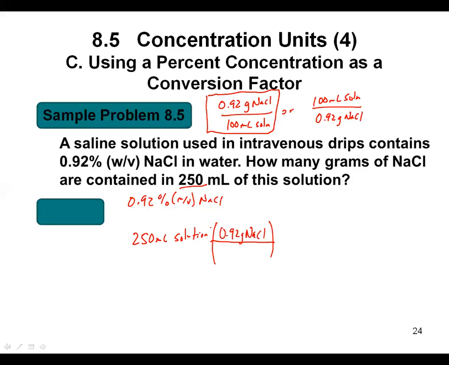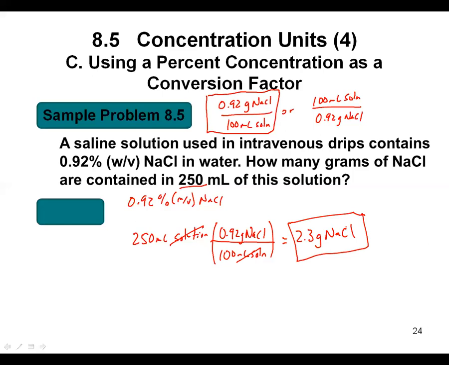The milliliters of solution will cancel each other out, and we will be left with grams of sodium chloride, which is good. We will end up with 2.3 grams of sodium chloride dissolved in the solution. So this is a way you could use the percentage as a conversion factor.